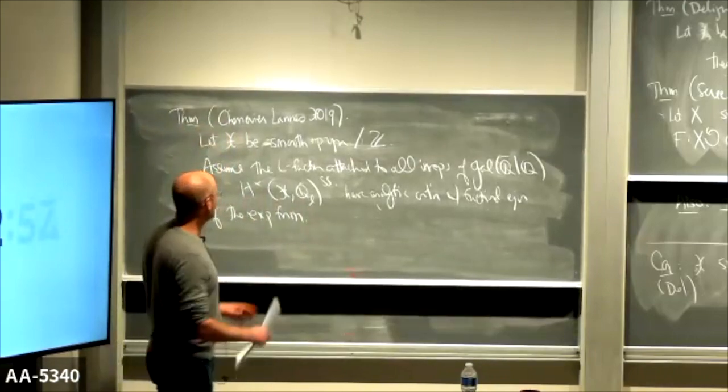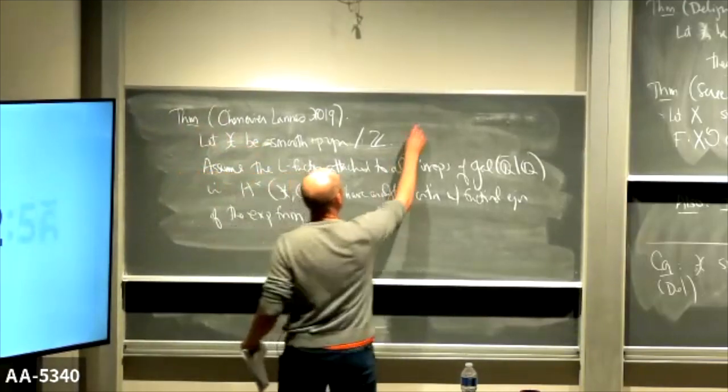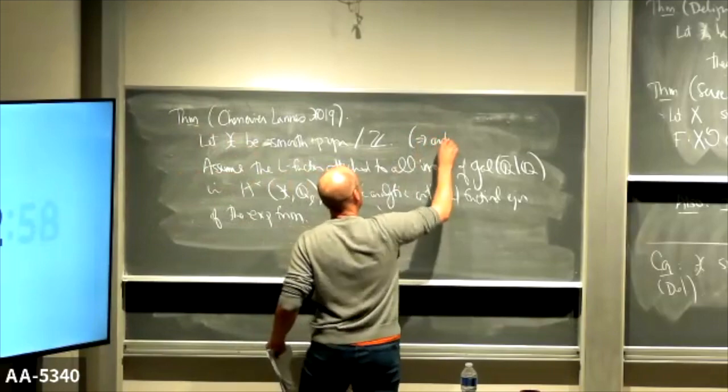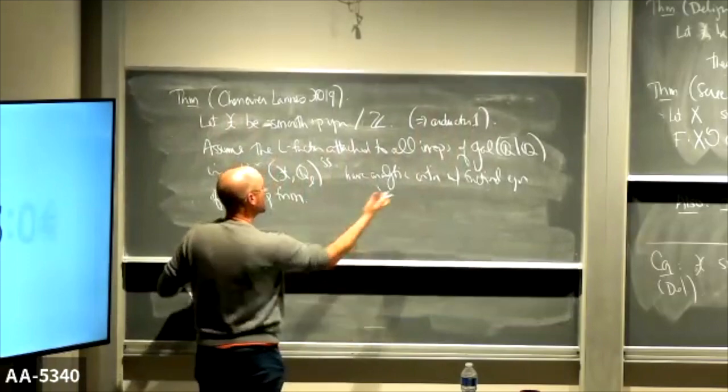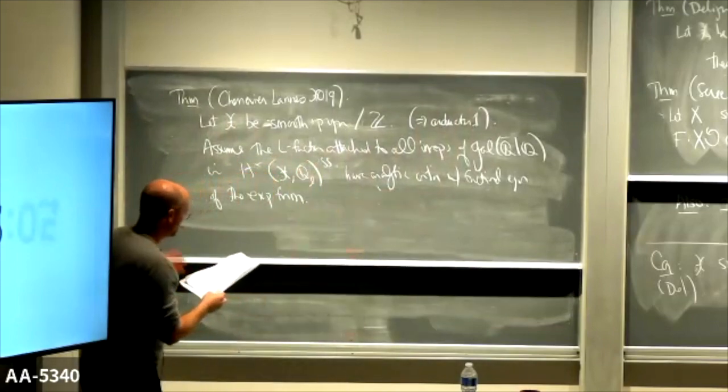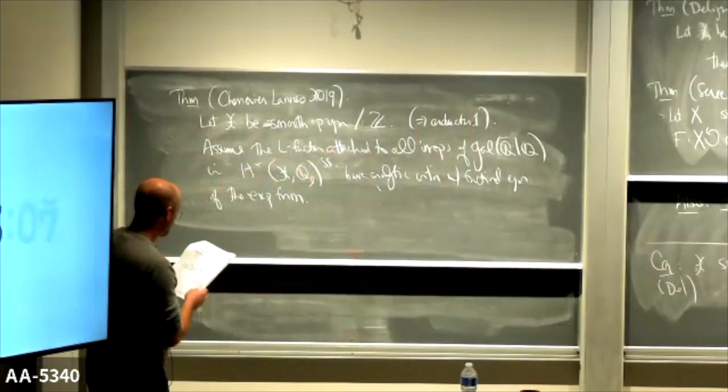And so here the conductor should be 1. So all the representations appearing here have conductor 1, and then that gives some control over what the analytic properties of these L-functions could be.